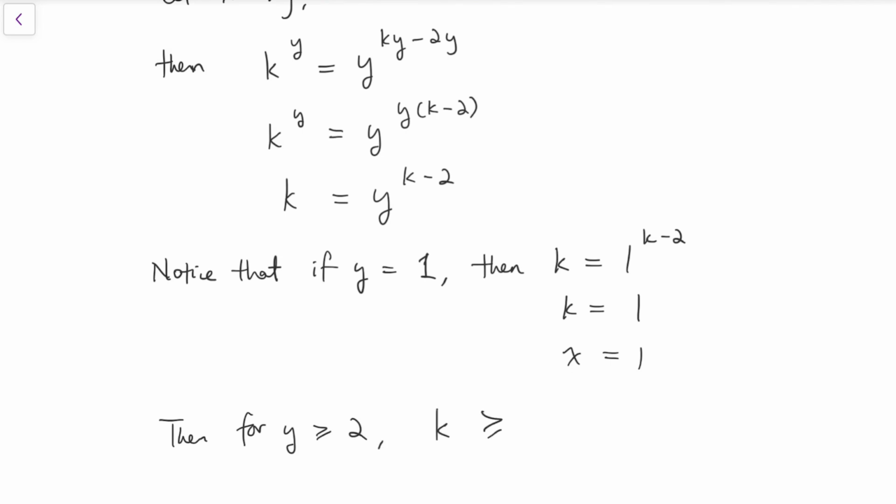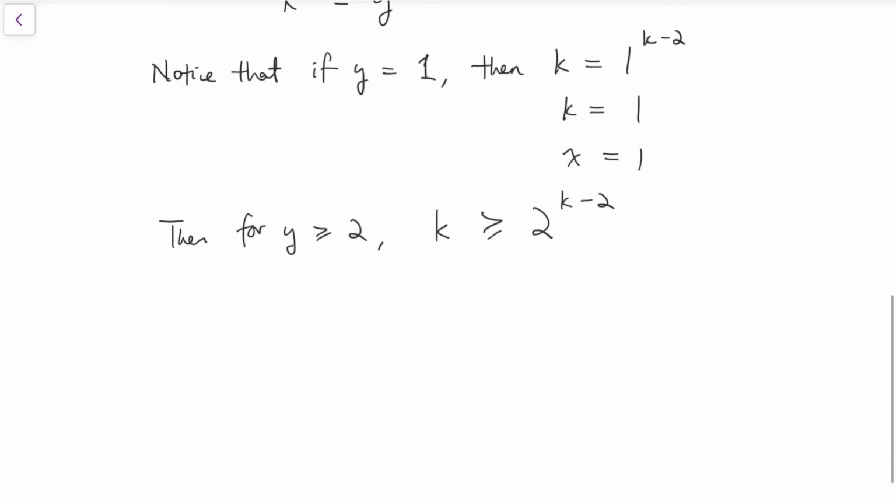we can say that k is larger than or equal to 2 to the power k minus 2. There are two ways to reduce the number of solutions of this inequality. The first one is by induction.